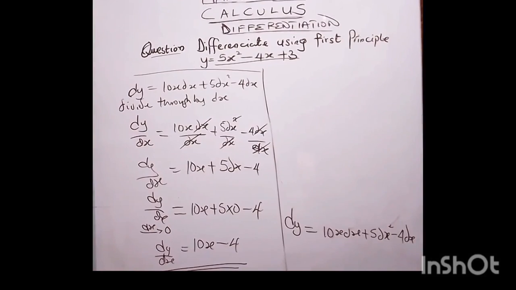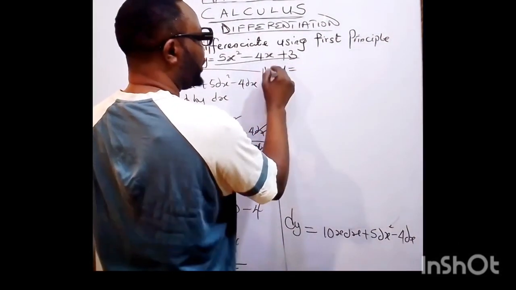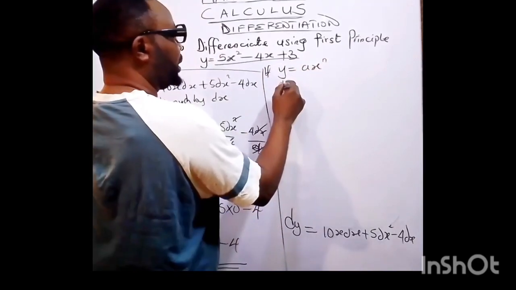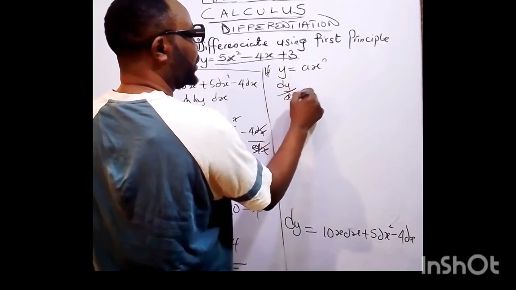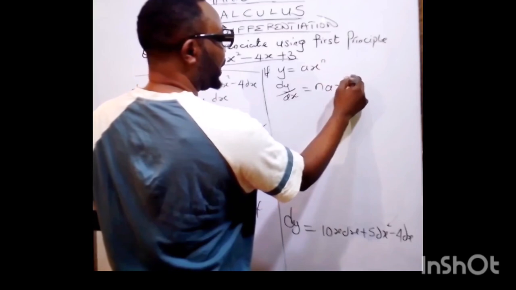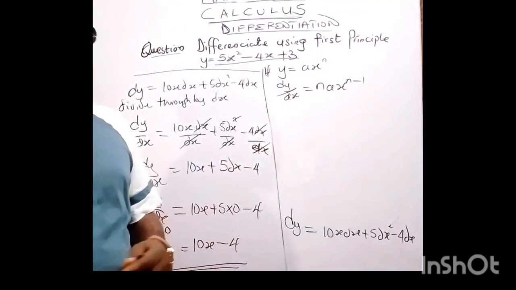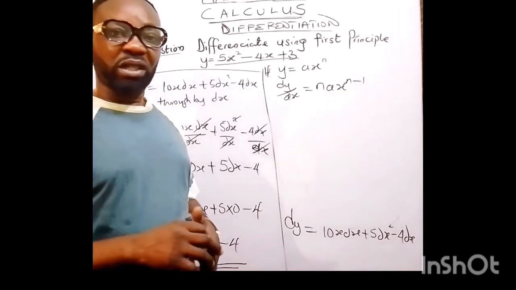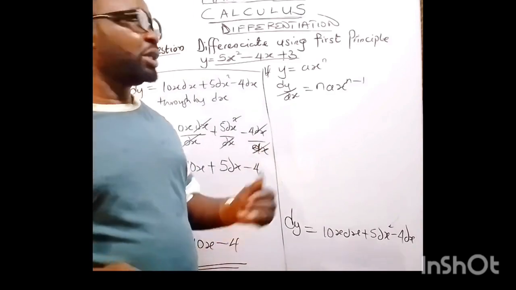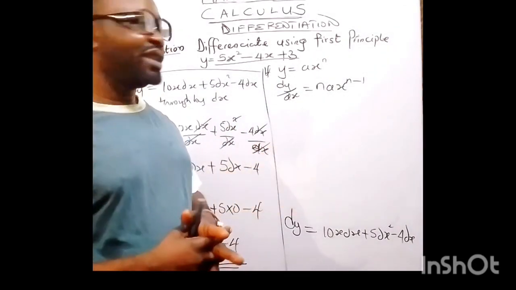Don't forget the formula that says that if y equals ax raised to power n, then dy/dx will be equal to n times ax raised to power n minus 1. That is a formula method that we normally use in solving quadratic equations, even when you want to solve polynomials and some other questions like that. The application is very good and short to solve. So let's apply it here.